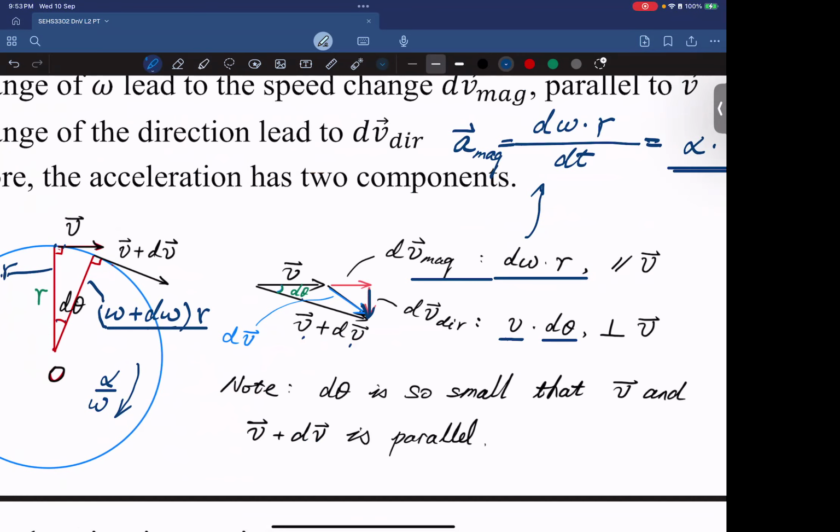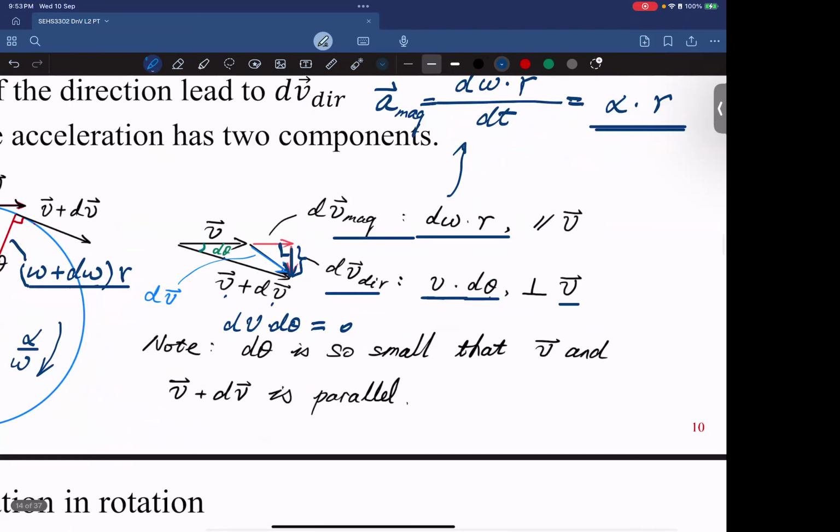Same thing. But dv times d theta is extremely small, second order, so it is 0. So finally, we have velocity times d theta, which is this segment. We call it dv direction, which is perpendicular to the velocity. So it is v d theta.